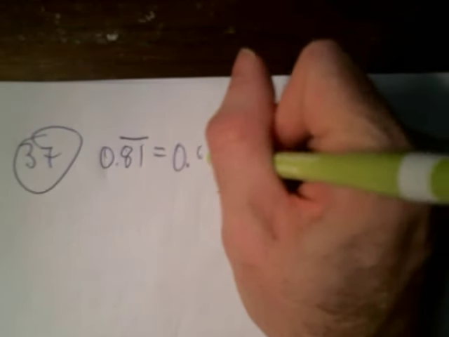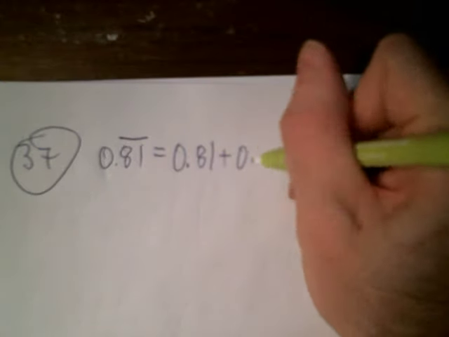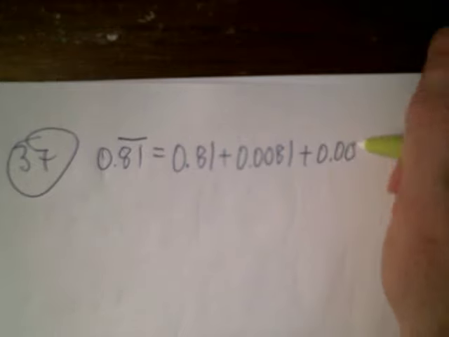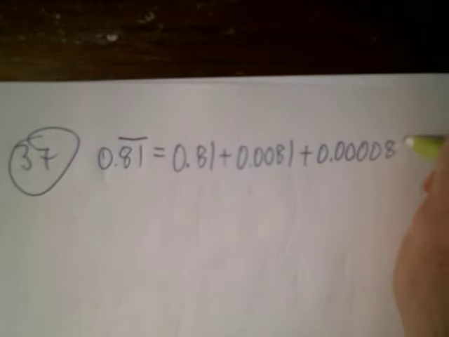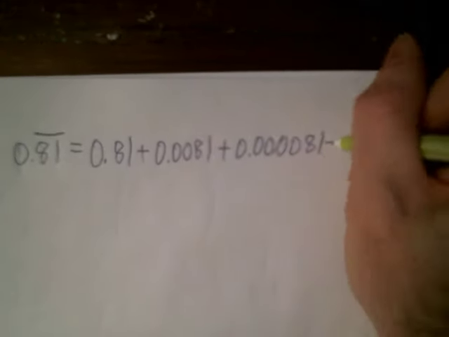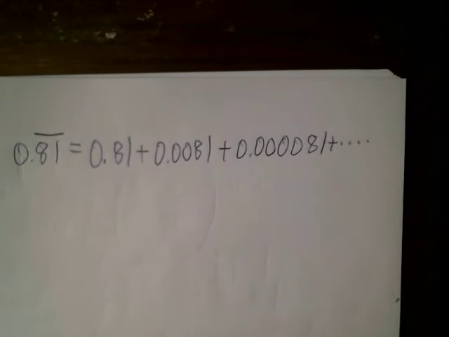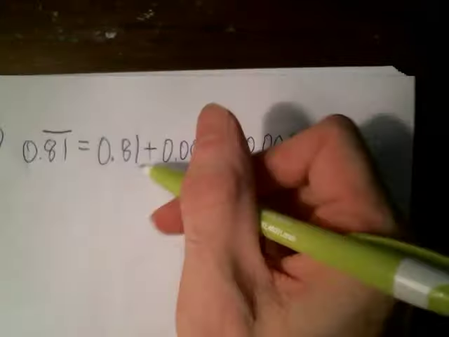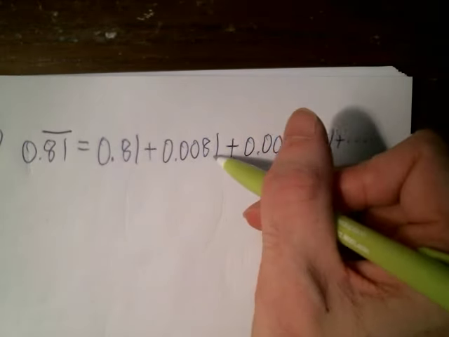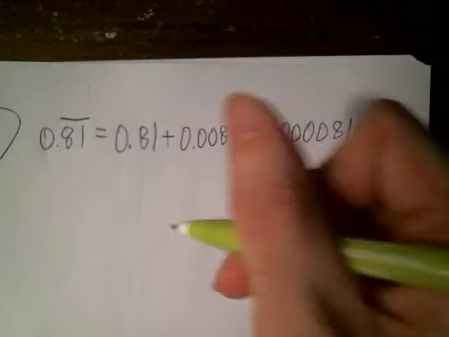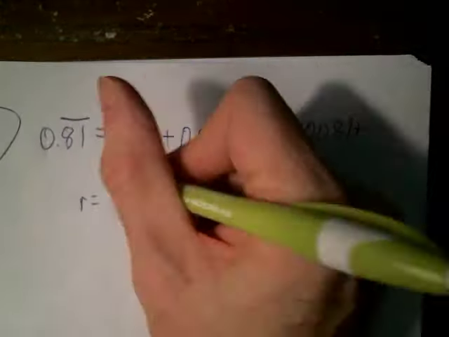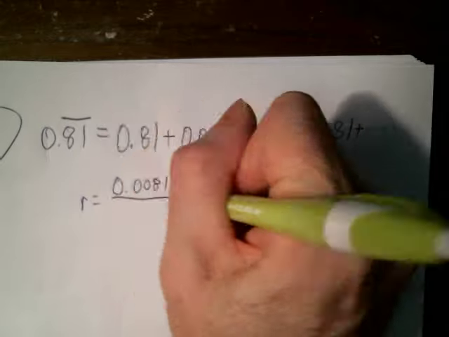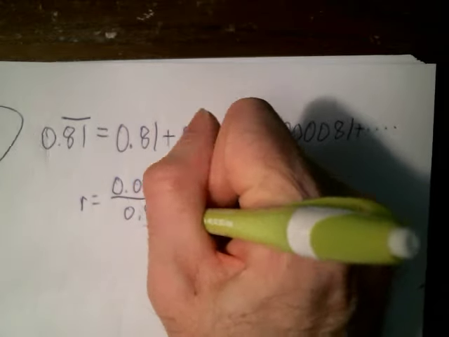It's a sum of 0.81 plus 0.0081 plus 0.000081, on and on. The R value is the ratio between two consecutive terms, so R will be the ratio between 0.0081 and 0.81.